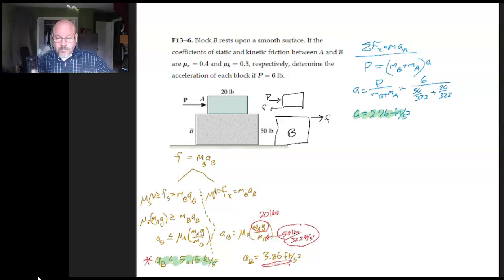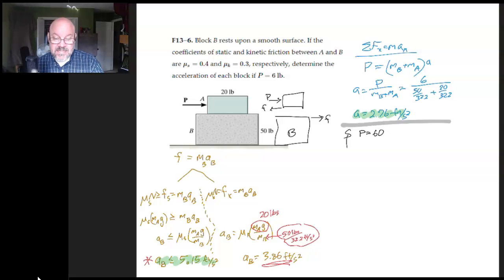Now, let's suppose that this isn't part of that problem, but we're just going to explore a little bit. And let's suppose that we let P equal 60. Then what's going to happen?